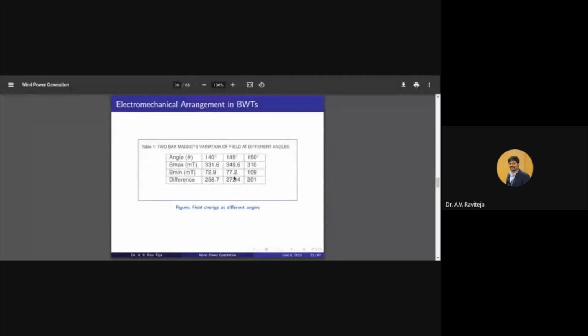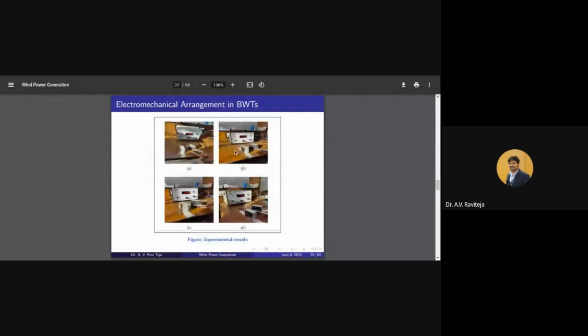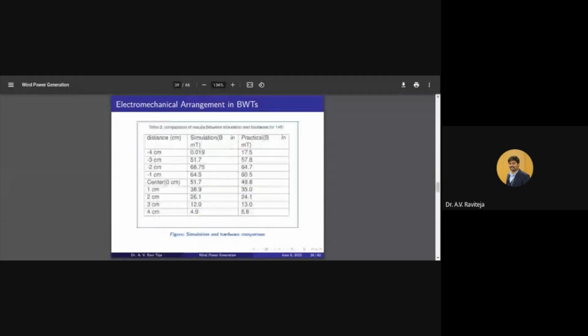So we propose that you place two bar magnets 145 degrees to each other, then in the middle there will be a shaft. If it vibrates, then it will see maximum flux change, which will result in maximum voltage induced. Practically also, we verified in the lab using the flux meter, and we saw similar results at 145 degrees.